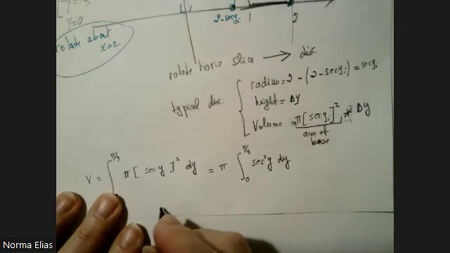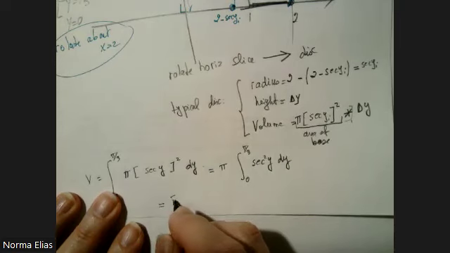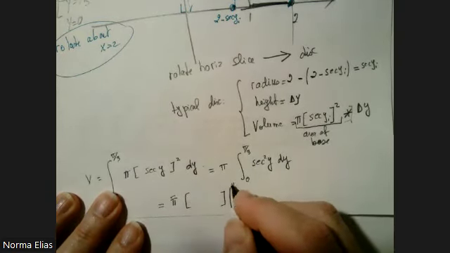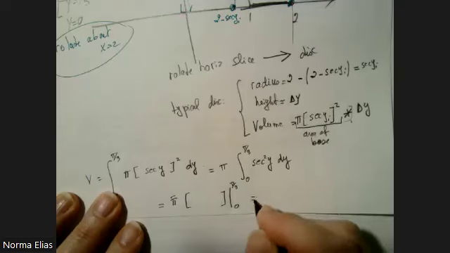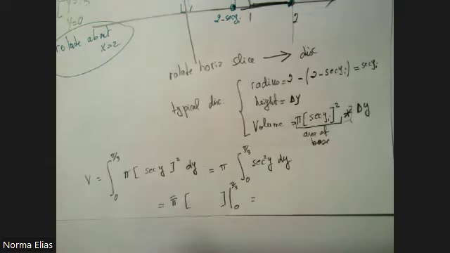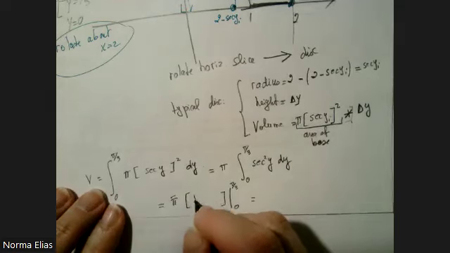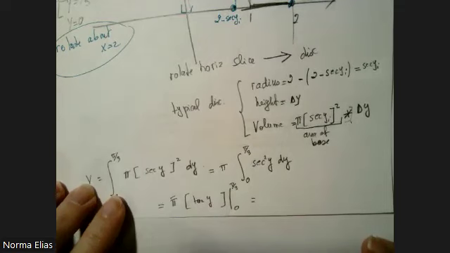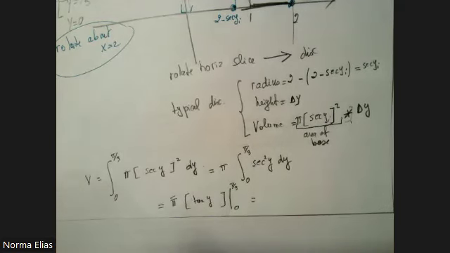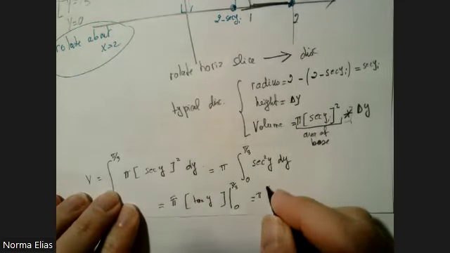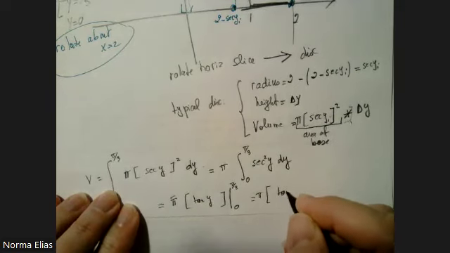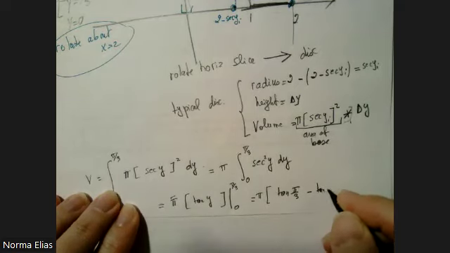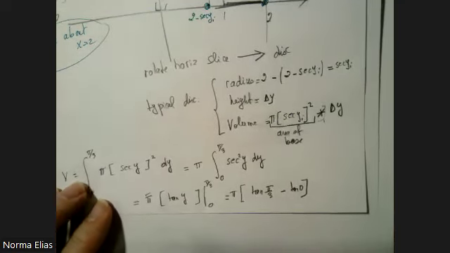Okay, now let us remember. What's the antiderivative of secant squared? Quickly. Tangent, exactly. That's tangent y. Basic stuff that you have to know because those occur a lot. Because the derivative of tangent is secant squared. So finally, I get pi times tangent pi over 3 minus the tangent of 0.